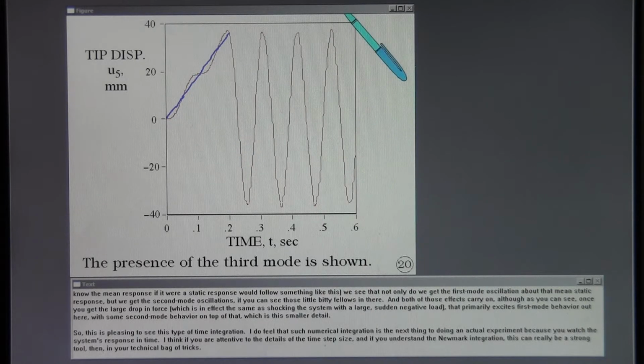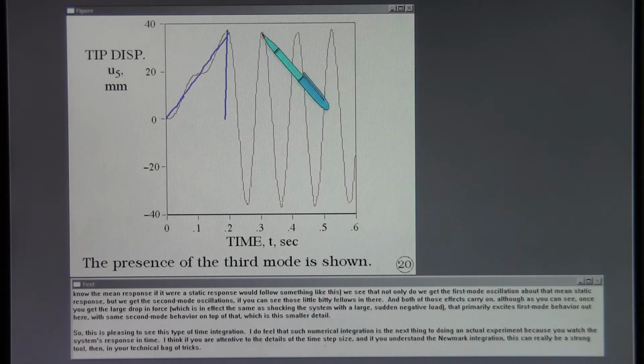And both of those effects carry on, although as you can see, once you give the large drop in force, which in effect is the same as shocking the system with a large sudden negative load, that primarily excites first mode behavior out here, with some second mode behavior on top of that, which is the smaller detail.